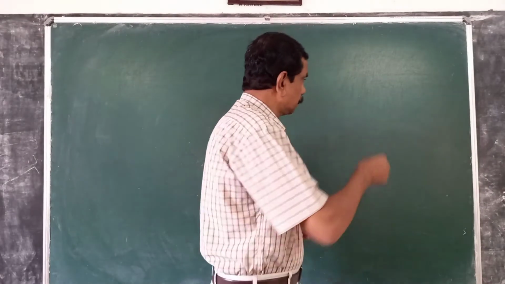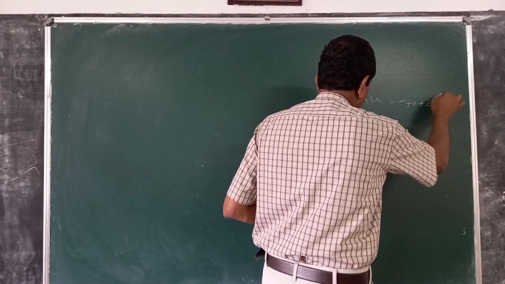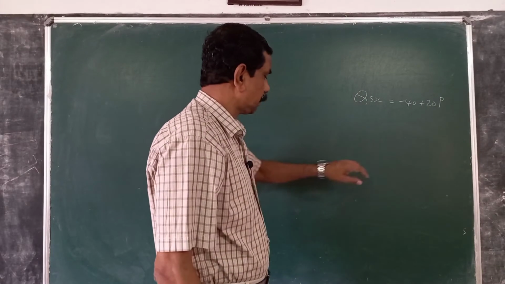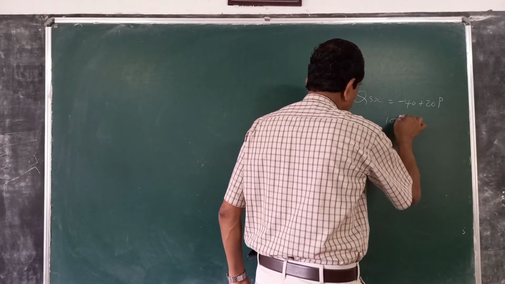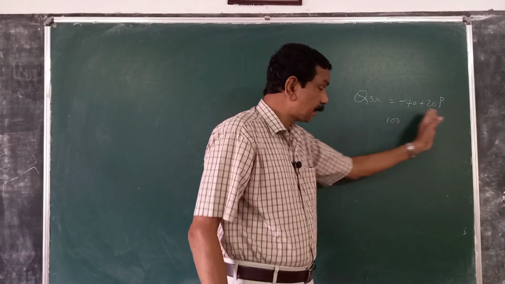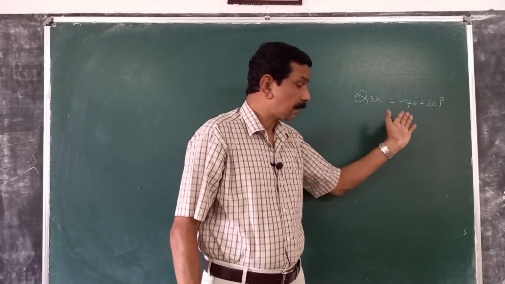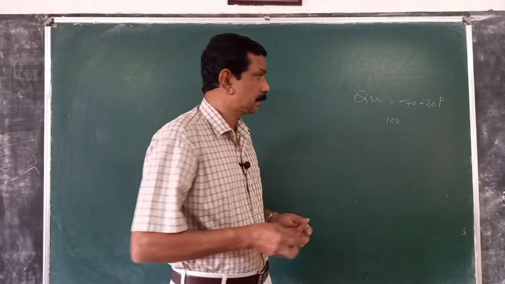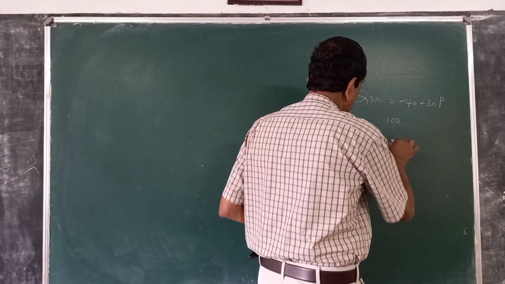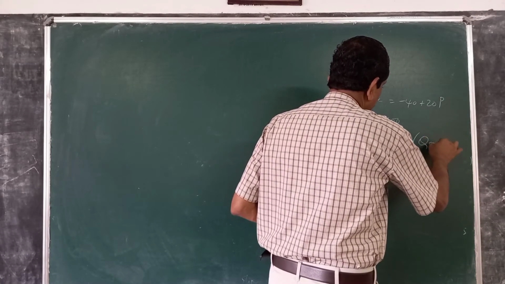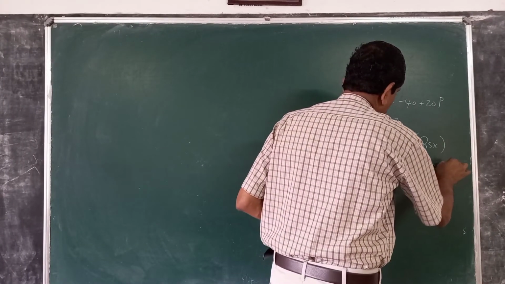For example, if an individual producer's supply function is minus 40 plus 20p, and suppose there are 100 identical producers, just for making the presentation easy, then the market quantity supplied is 100 times QSX, which is 100 into minus 40 plus 20p.